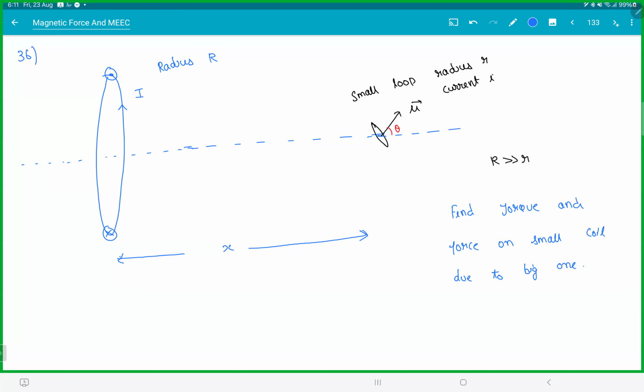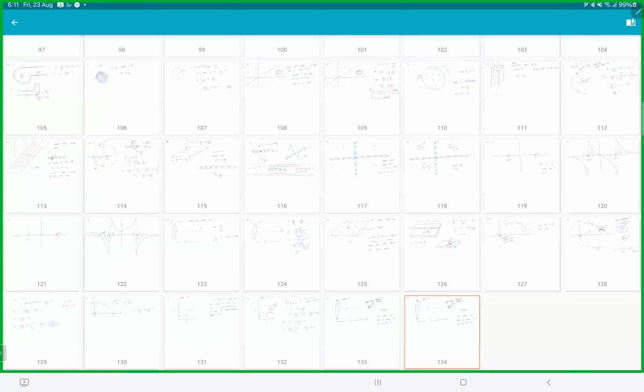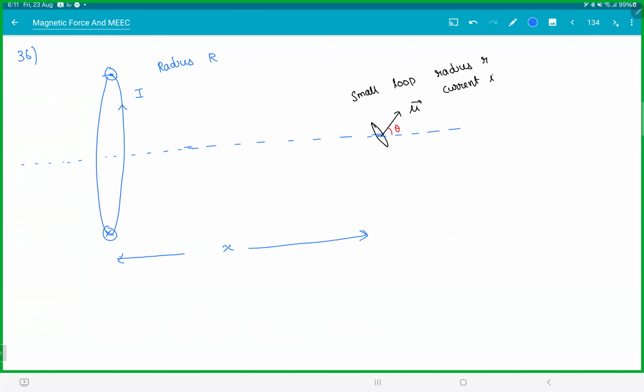What is the torque on a coil formula? You know that, mu cross B, isn't it? Due to this big one, the magnetic field B will be mu naught I R square.